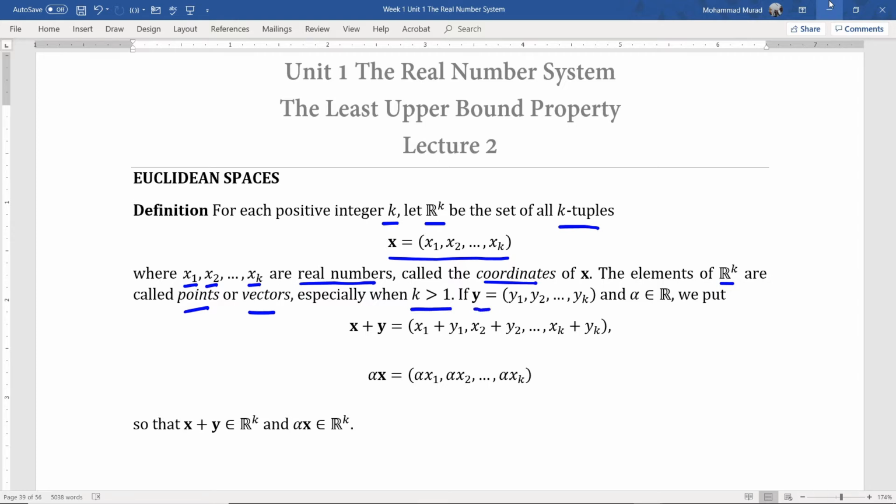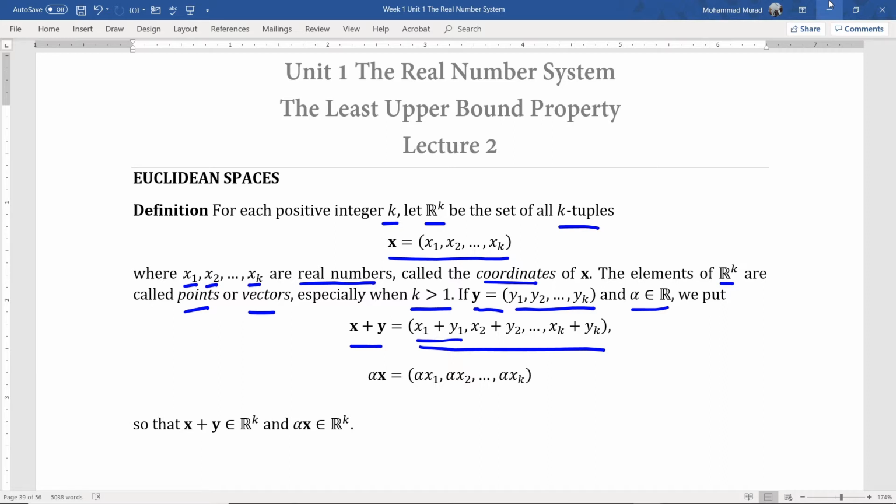If y is a vector with coordinates y sub 1, y sub 2, all the way up to y sub k, and alpha is a real number, we define x plus y as this vector, whose first component, x1 plus y1, is simply obtained by adding the first components of the vectors x and y.